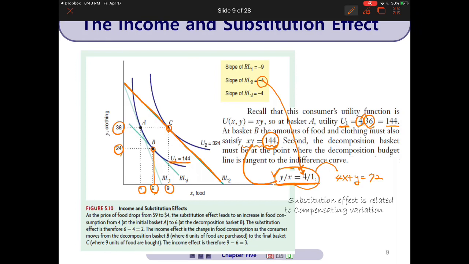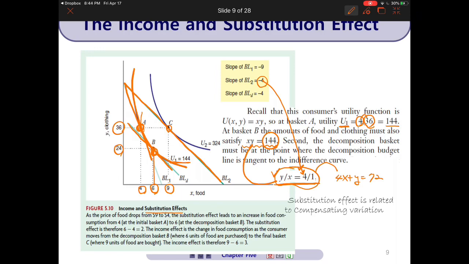That's it. And here, we define the substitution effect as substitution along the original indifference curve by the difference of the relative price ratio. So we trace on the original indifference curve. The only change is the slope of the budget line, thus the tangent point.